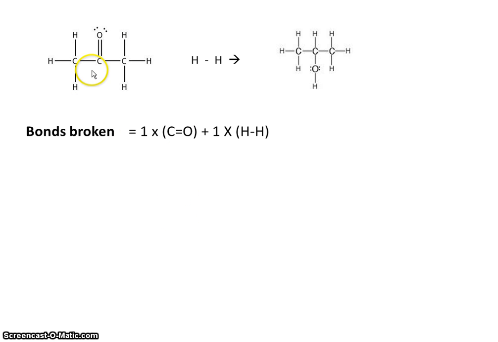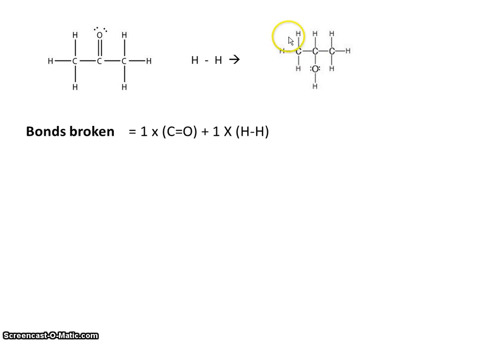If you look at this, you can see there's a CO double bond here, but there's no CO double bond in the products. Therefore, I know I have to break that. There's this HH bond here. There's no HH bonds here, so I know that bond has to be broken. And we can also look at these bonds. There's 6 carbon-hydrogen bonds.